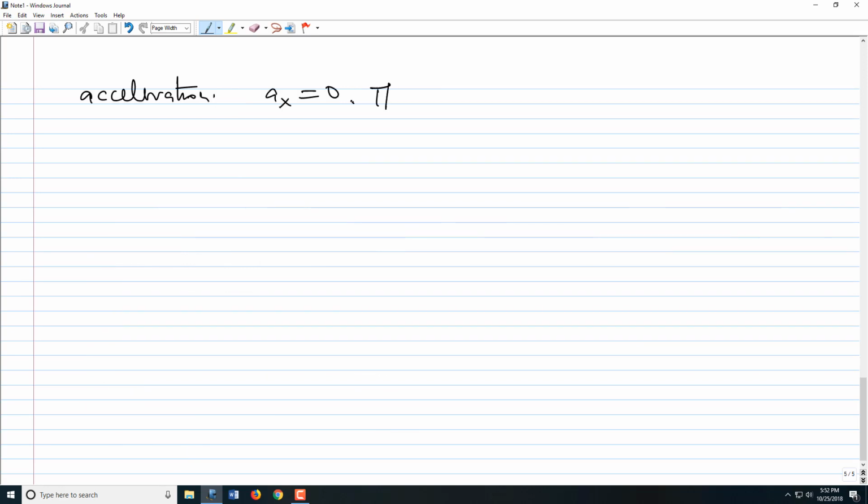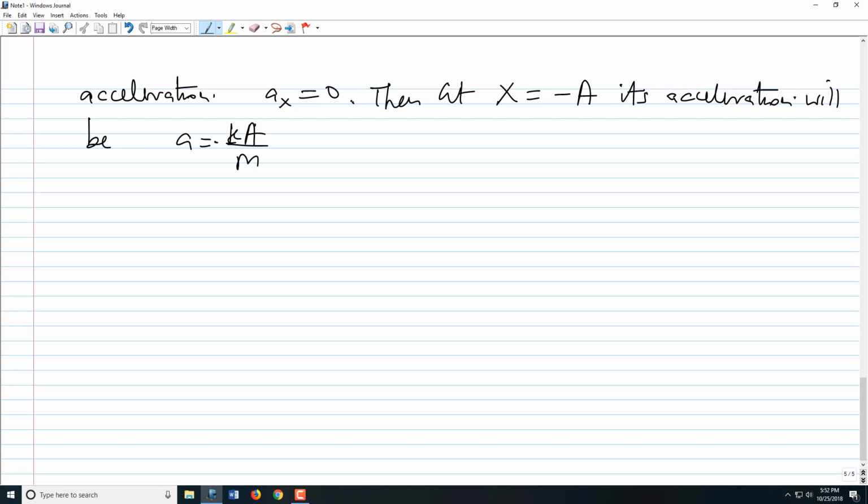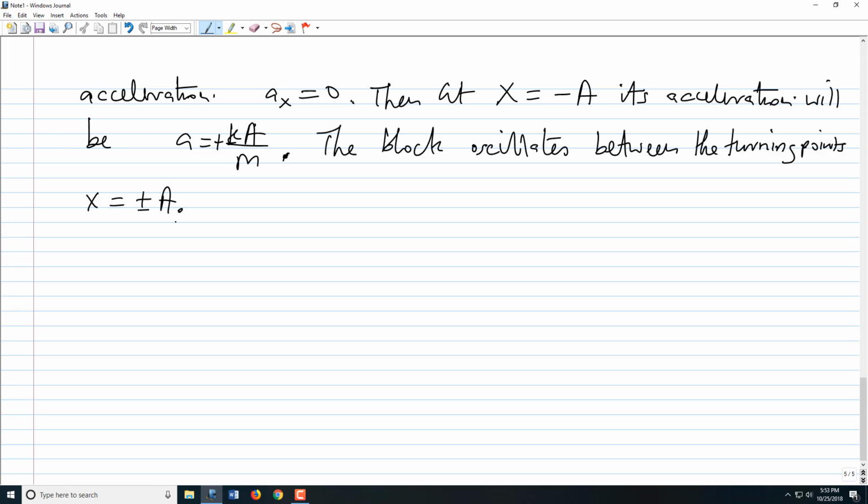At x equals minus A, its acceleration will be a positive kA over m. And so the block oscillates between the turning points x equals plus or minus A. Let's explore the details of oscillatory or simple harmonic motion next.